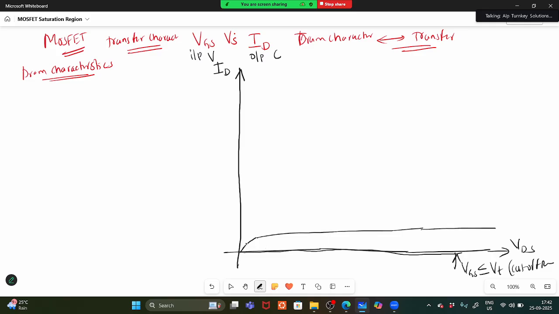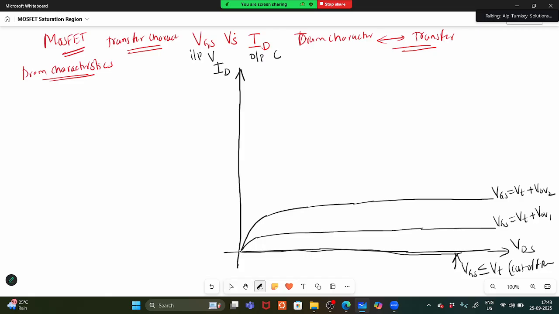So I can draw this: VGS equal to VT plus overdrive voltage VOV1. Next, this is one more curve, VGS equal to VT plus VOV2.